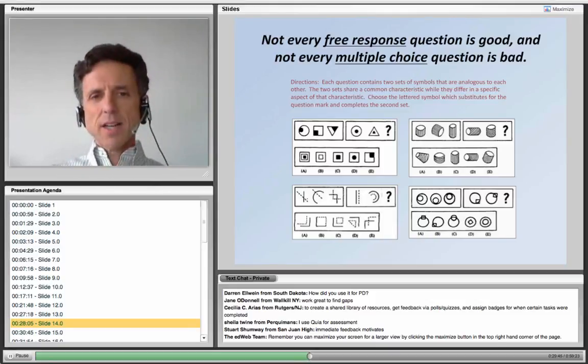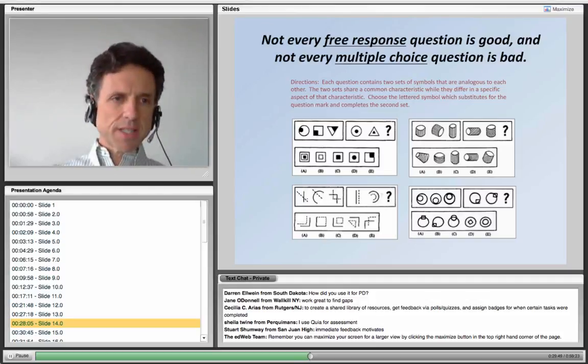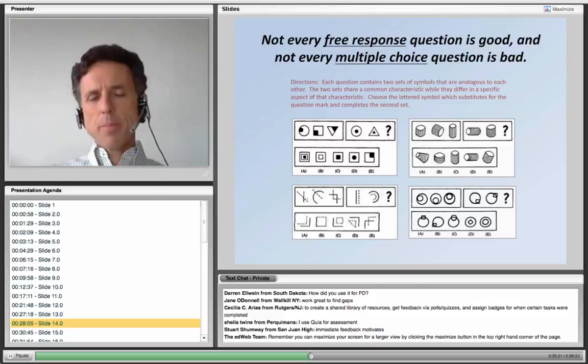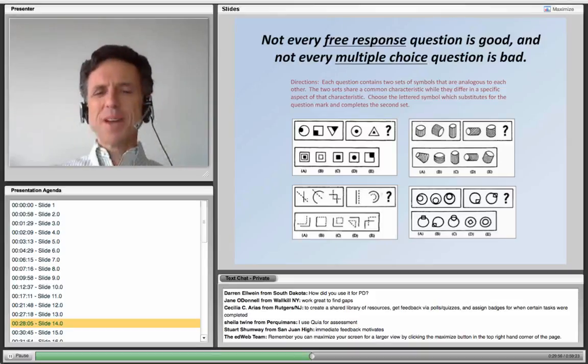There's two boxes. The box on the top left of each of the questions gives three examples of something that follow a pattern. The box on the right has two examples that don't follow that pattern but are similar in some ways, and you're supposed to figure out what's the third one that goes in that box that doesn't fit the pattern on the left. And maybe some of you figured this out already. I think these are kind of fun.